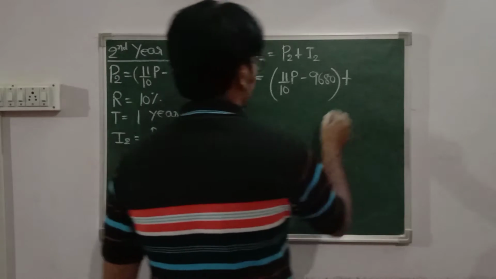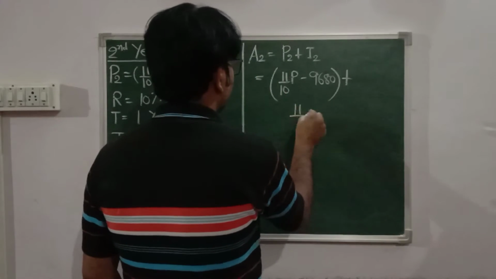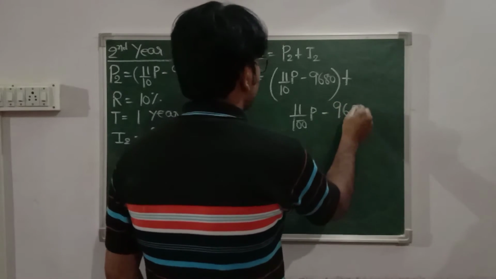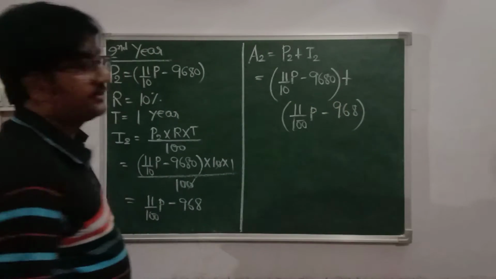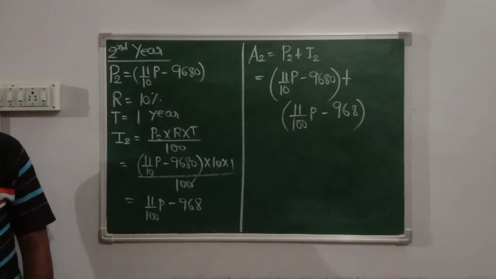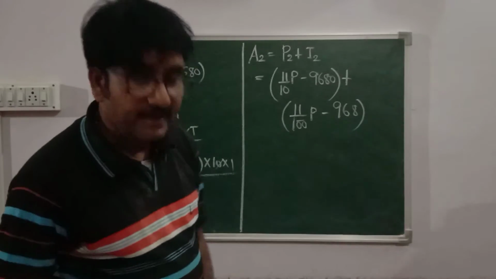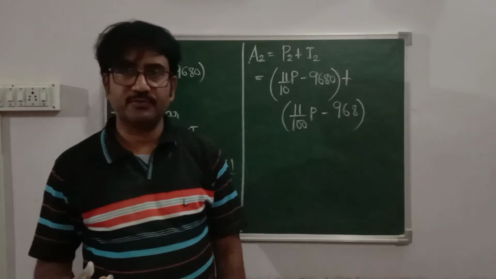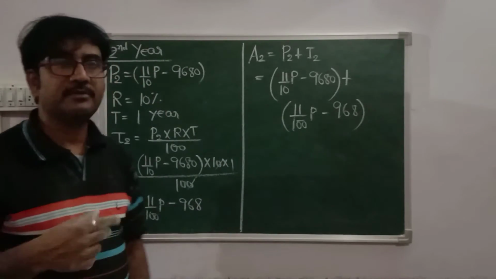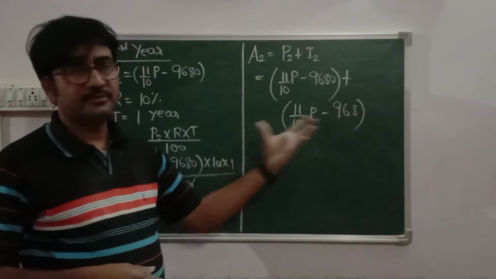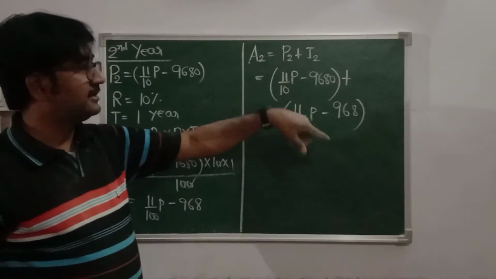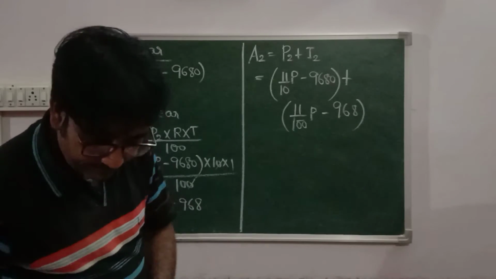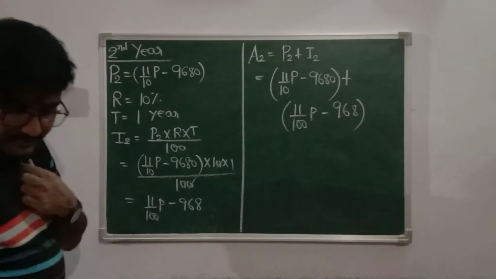I2 is 11 by 100 P minus 968. So this A2 is the final amount that the man is going to pay, the last installment of 9680. So the amount that he is paying is equal to this amount, obviously. So this is equal to 9680.